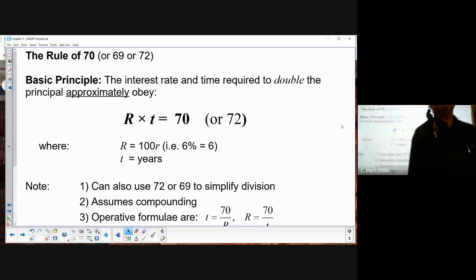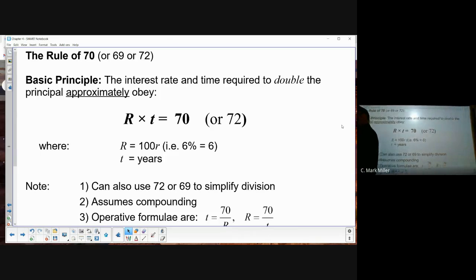If you want to double your money in, say, 8 years, you divide that into either 70 or 72, whichever one it goes into evenly, 72 in that case. And that gives you what interest rate you're going to need to double your money in 8 years. It'll be 9, right? One more thing.